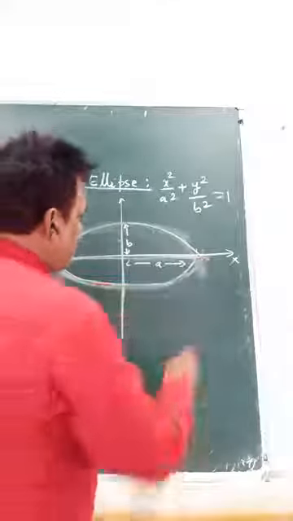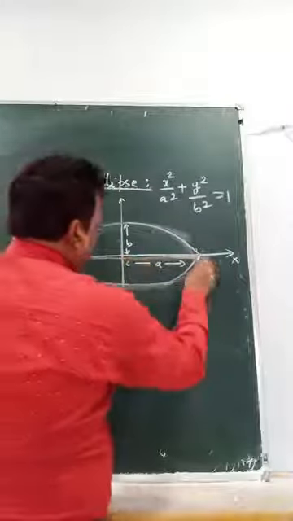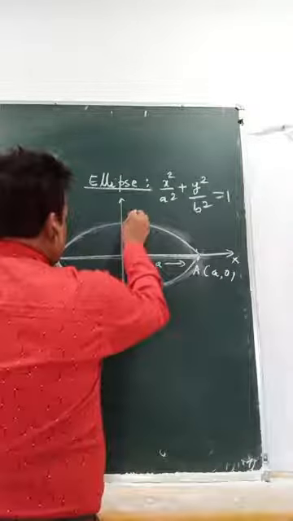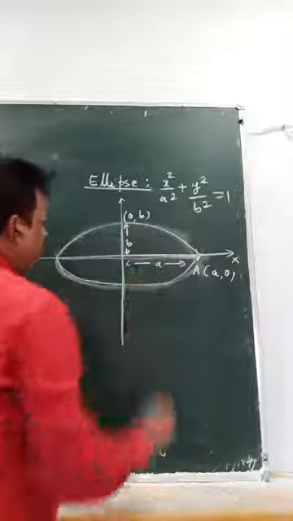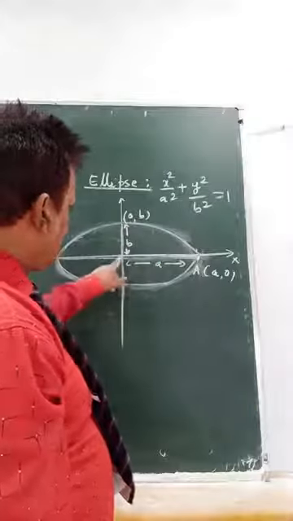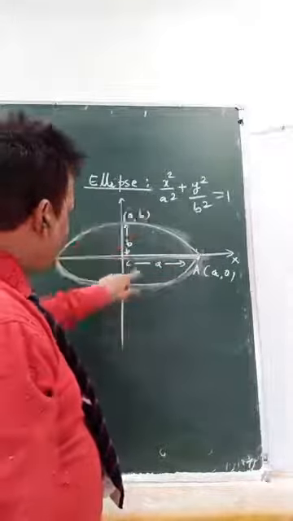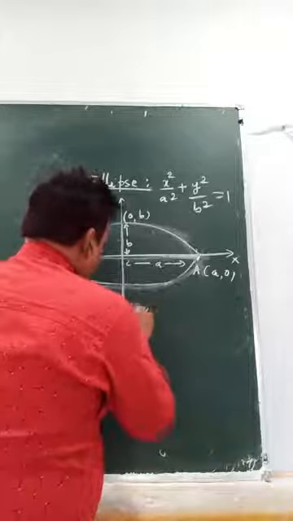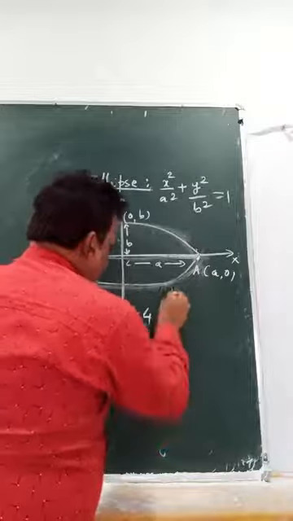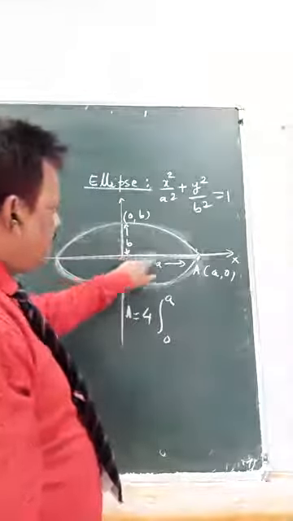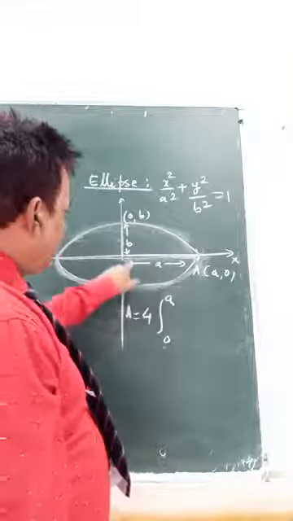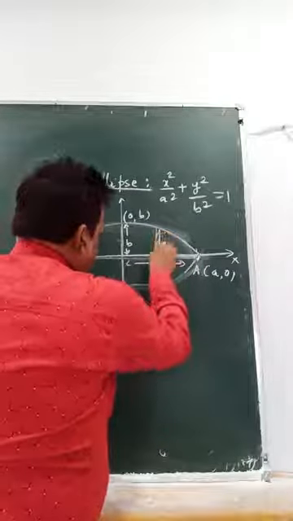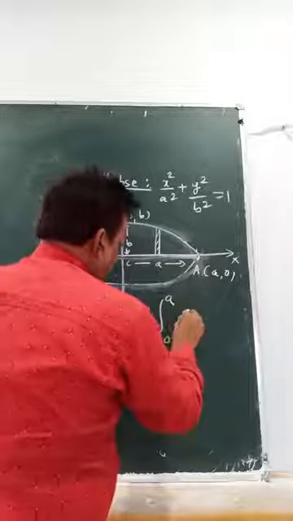Now this coordinate will be (a, 0). This will be (0, b). Now if I find it 4 times, 0 to a, because lower limit is 0, upper limit is a, if you are taking it with the x axis, then you have to write y dx.